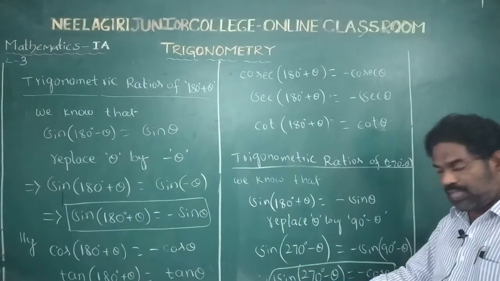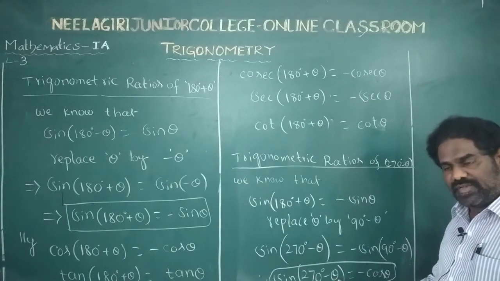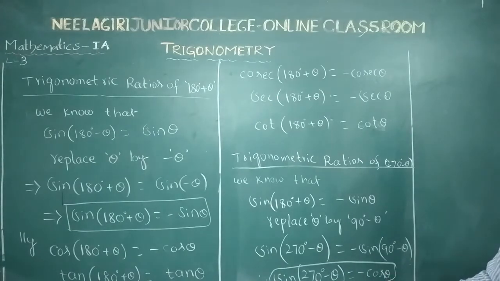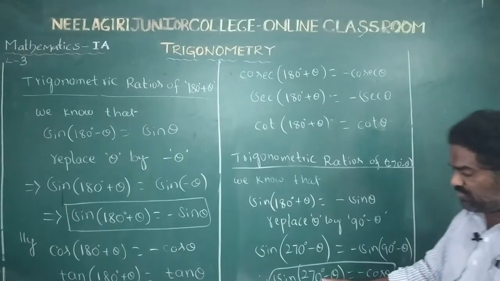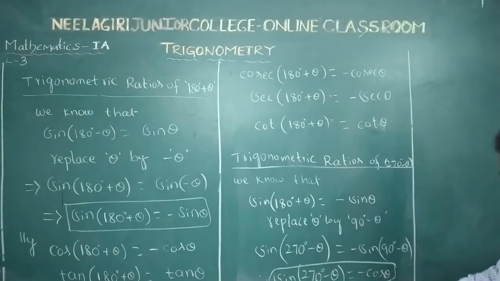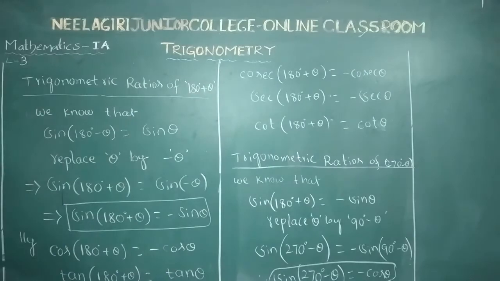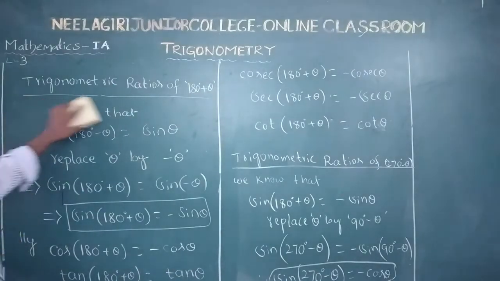So sine of 270 minus theta will come as minus cos theta. This is third quadrant and sine is negative. That's why we should get it like this. Similarly, we can write the other values.